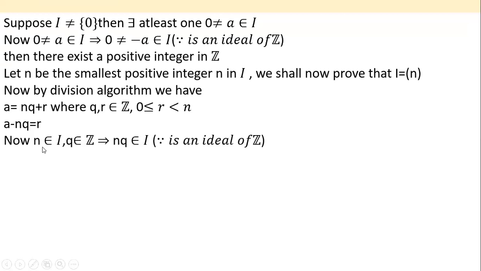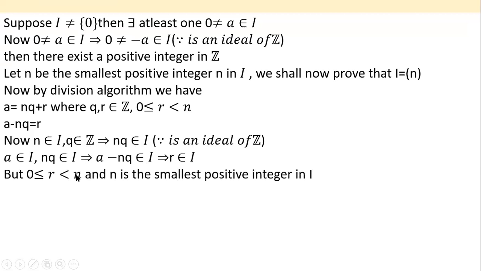Now n belongs to I, q belongs to the integers, which implies nq belongs to I since I is an ideal of Z. Similarly, a belongs to I, nq belongs to I, which implies a − nq belongs to I, which implies r belongs to I. But 0 ≤ r < n, and n is the smallest positive integer in I, which is a contradiction.